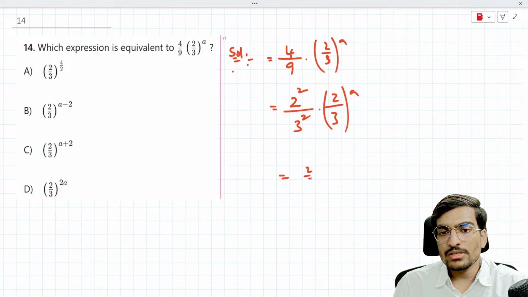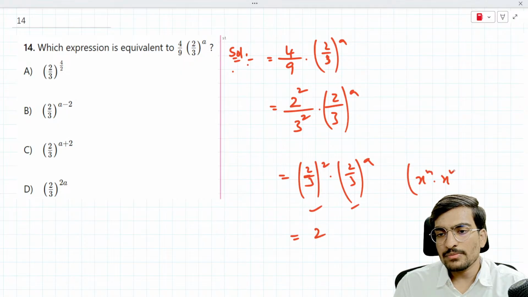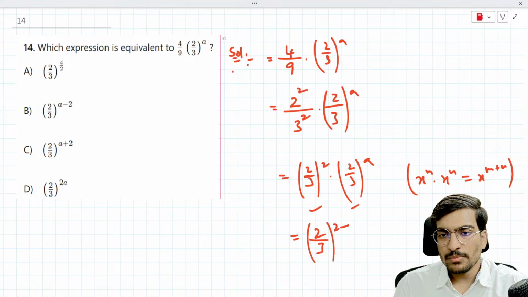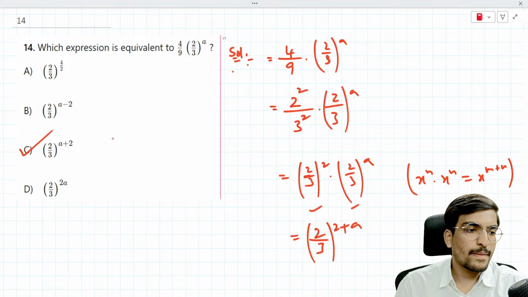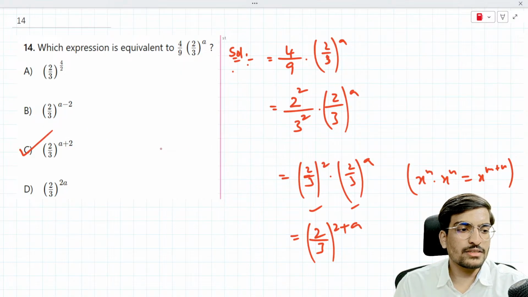The bases are equal, so apply the product rule: x power m times x power n equals x power m plus n. So that equals 2 by 3 raised to the power of 2 plus a. That is option C.